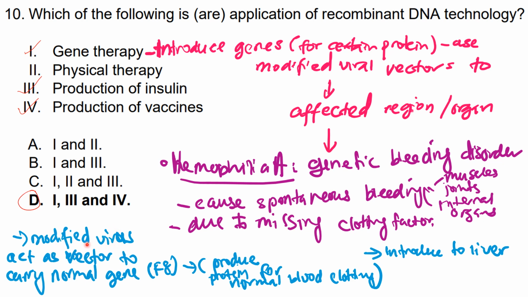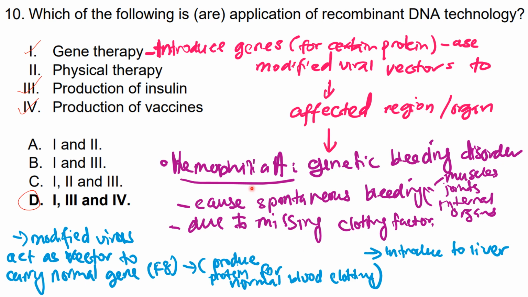The modified virus will act as a vehicle or vector to carry the normal gene that can produce the normal protein for normal blood clotting. This gene is called F8. When you introduce the gene into the virus, next you introduce the modified virus into the affected region or organ.